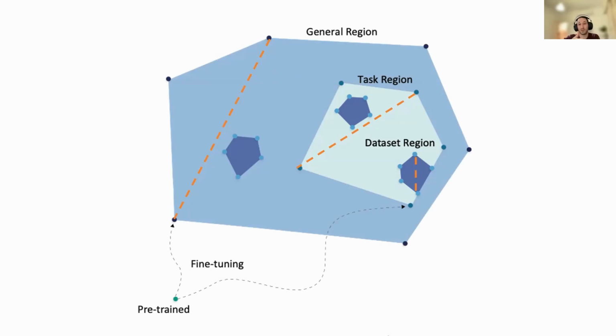And to prove this point further, what we do is go over different slices of the regions, slices of the domain region, of the dataset region, of a general region, and check the loss of things from that region. So for example, on the NLI region, is the average loss of different NLI tasks, not one specific, all of them together good in all of this region? And we find that this is indeed the case.